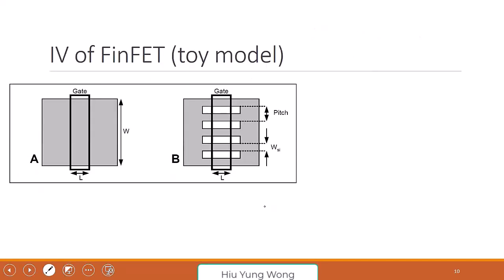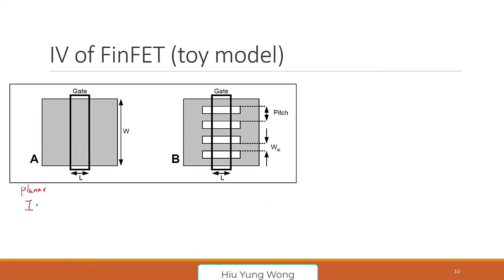Okay. So let's do a toy model just to learn how to calculate the current of the FinFET. This is a good intuition way. It doesn't mean that it is useful actually, because we are going to use TCAD if you really go there, but it tells you what's going on. Let's try to understand the planar one first. What is the current for the planar one?